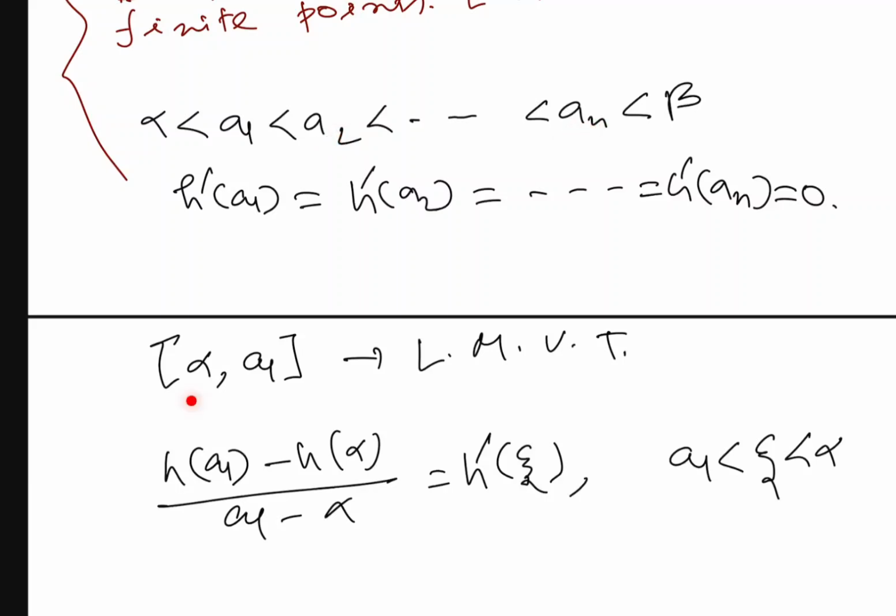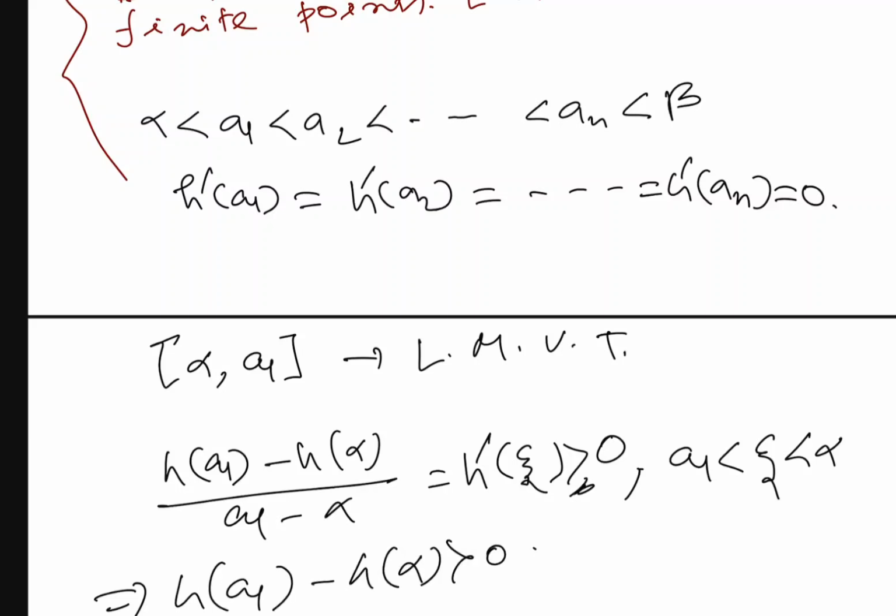Between alpha and a1 there are no points where the derivative is 0, and the derivative is always positive. So this part is strictly greater than 0.